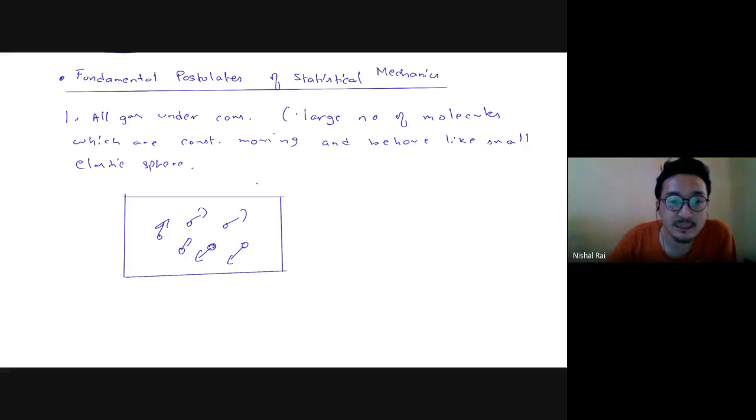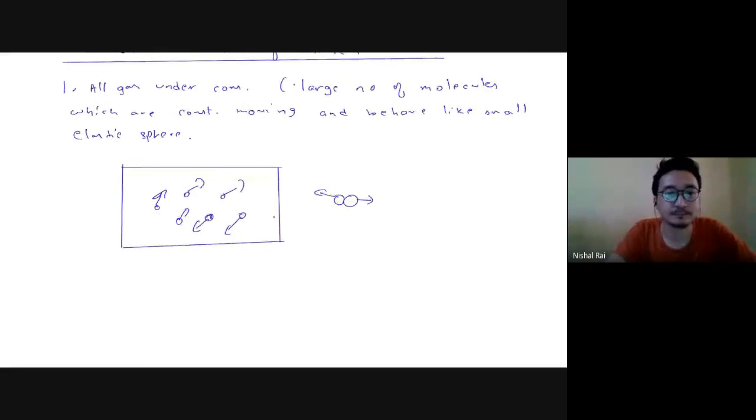Why does it behave like an elastic sphere? Because as soon as it collides, it again recoils back. Clear. If it was inelastic, then your total energy would have been lost due to inelastic collision. So we want our energy also to be conserved in a sense. Clear. So the collisions are perfectly elastic in nature.